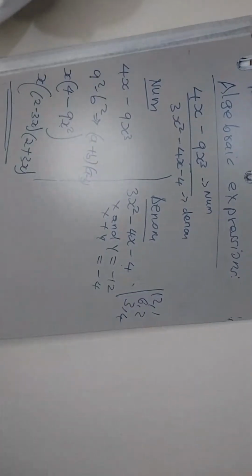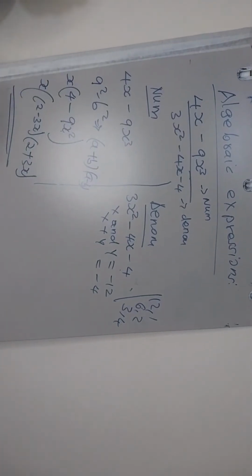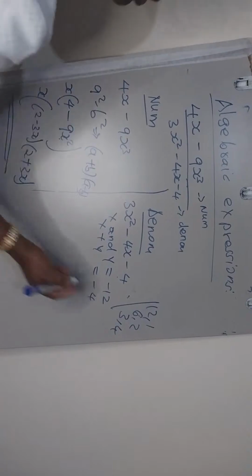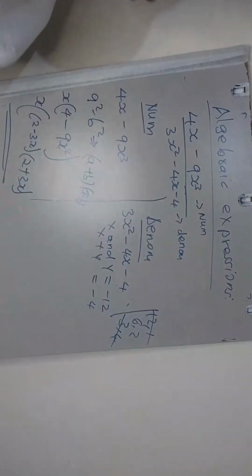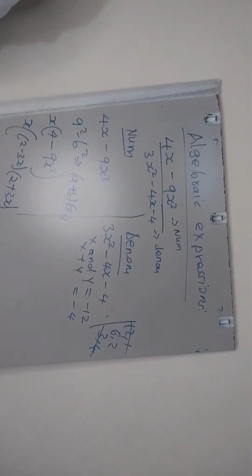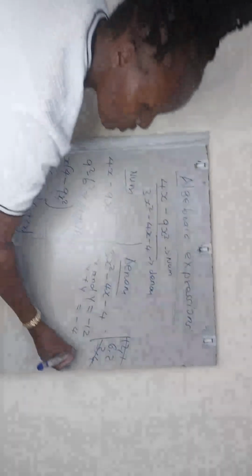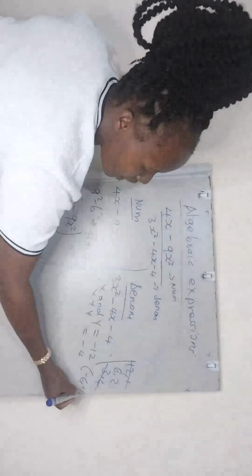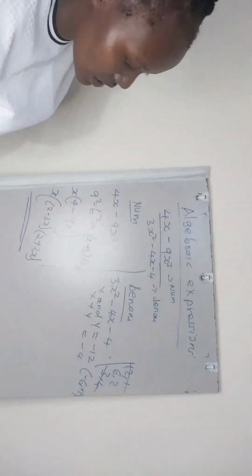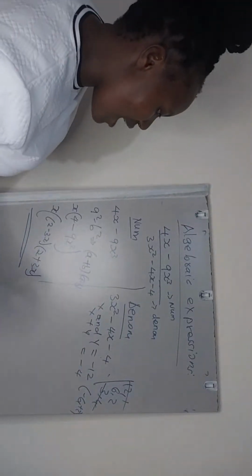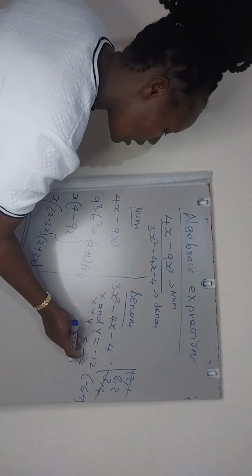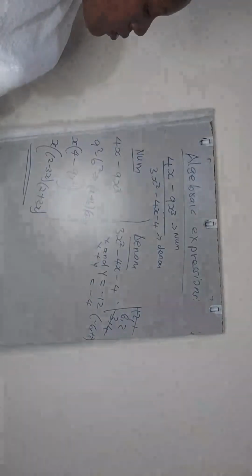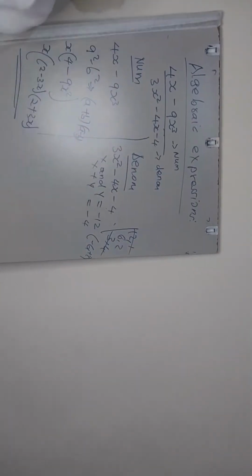Look for the pair with a difference of 4. It is 6 and 2. To get minus 4, it means minus 6 plus 2.